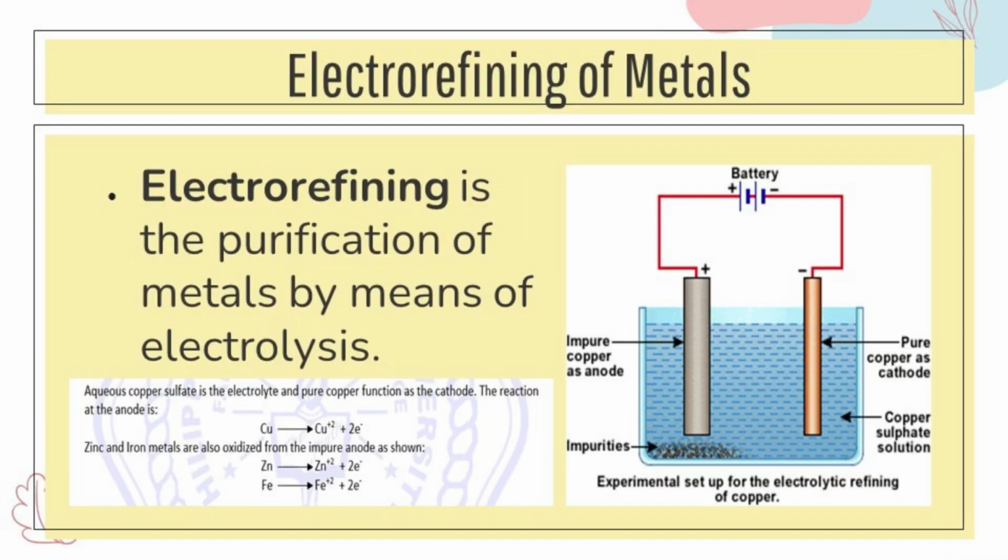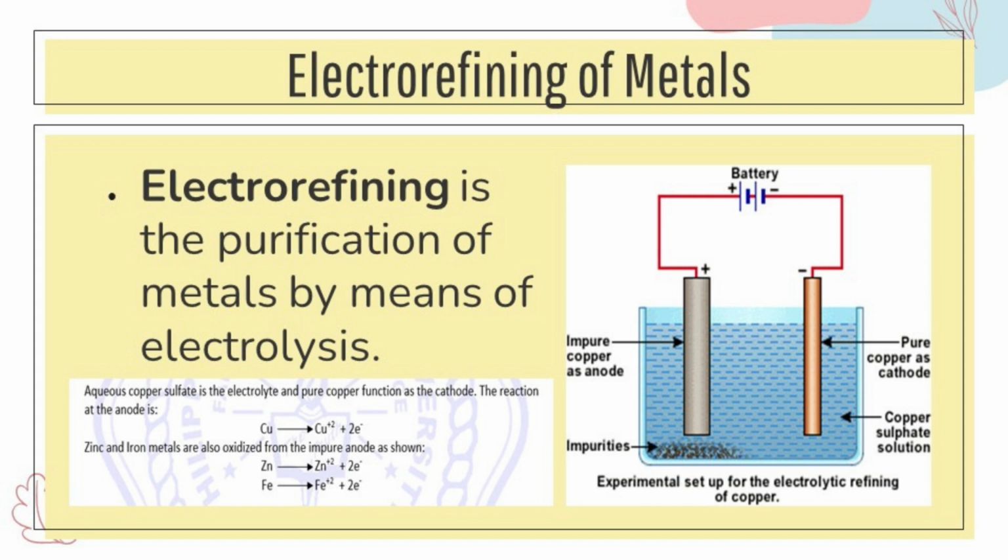So, number one, we have nga the electro-refining of metals. Okay, so by definition, it is the purification of metals by means of electrolysis. So in this example, as you can see, the one that will serve as the anode would be the impure copper. So always remember na yung anode, siya yung lagi naapektuhan ng electrical charges from our power sources.